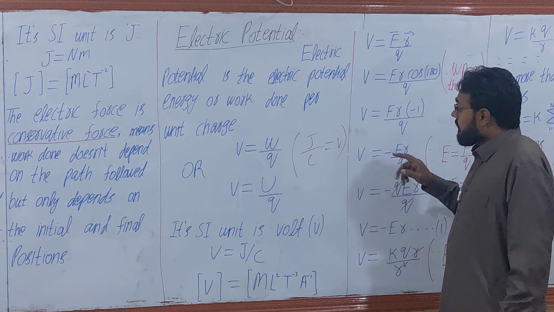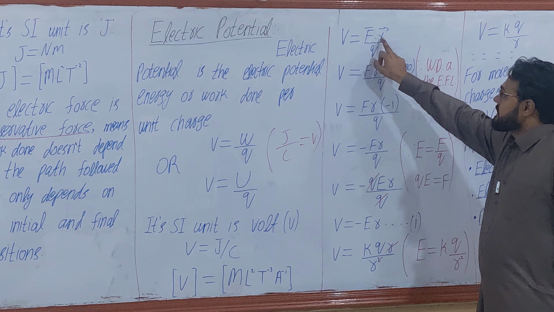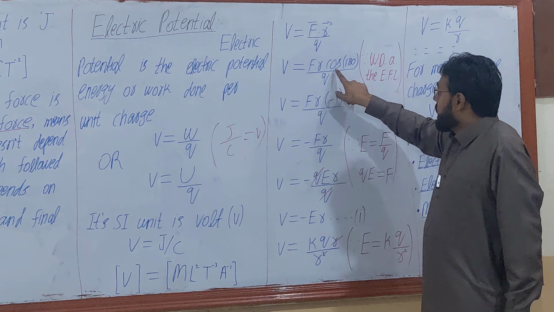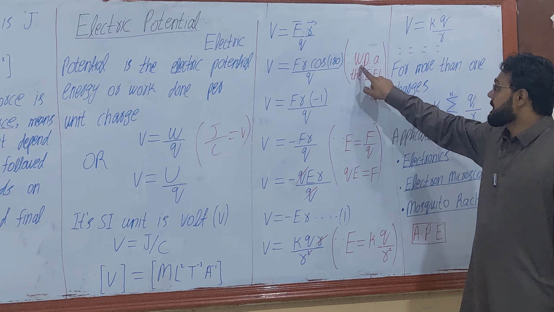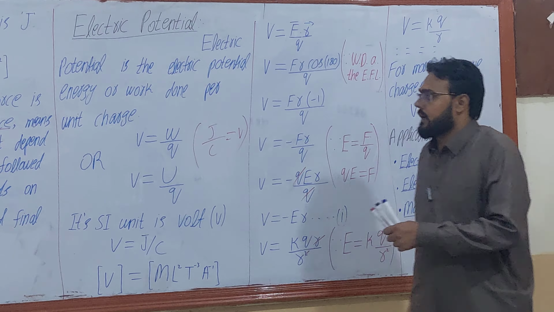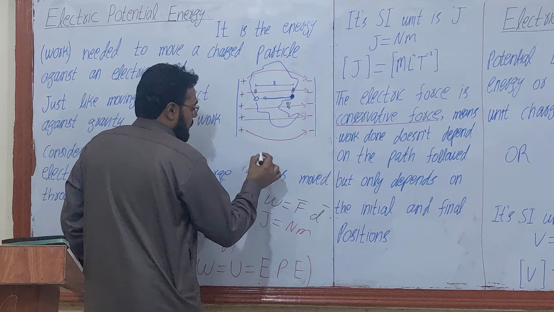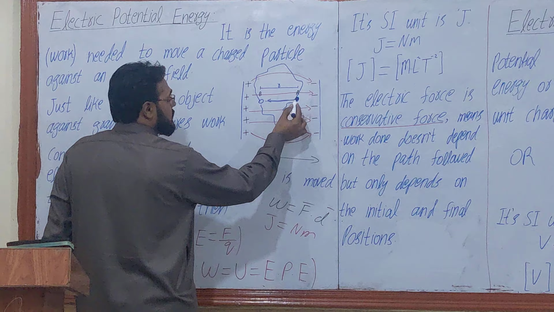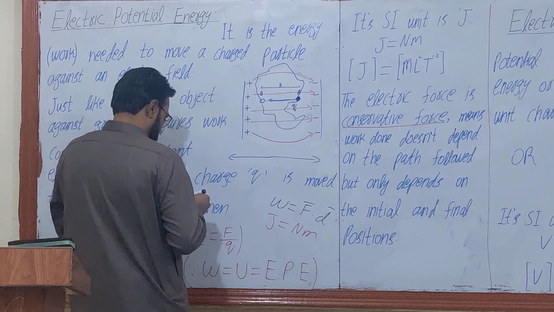Now, work is equal to force dot displacement, F·d. In magnitude form, there is cos 180, because the work is done against the electric field. For example, the electric field is from positive to negative in this direction, and we moved the charge from point A to point B in this direction.